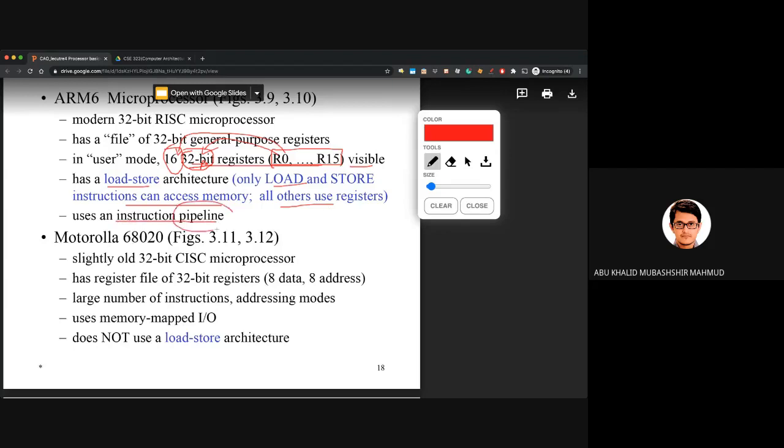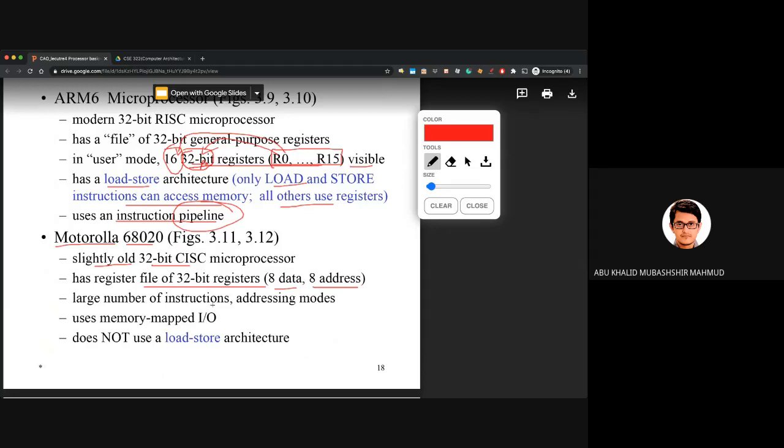So we store in a pipeline the instructions that were to be executed one after another. And then we have Motorola 68020, which is a slightly old 32-bit CISC microprocessor. It has a register file of 32 bit registers, 8 data and 8 address, a large number of instructions and addressing modes, and it uses memory mapped input output, does not use a load store architecture.